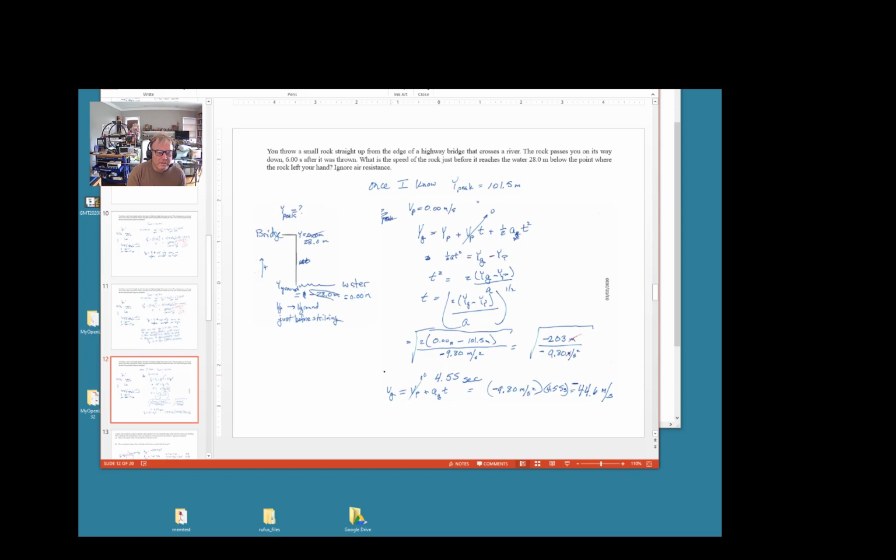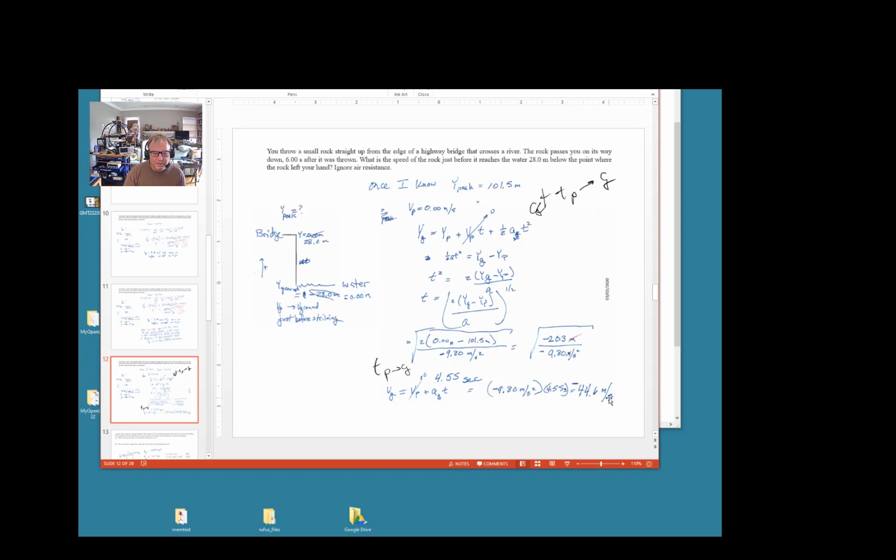So I got the t, from the peak to the ground. And so I got 4.55 seconds.